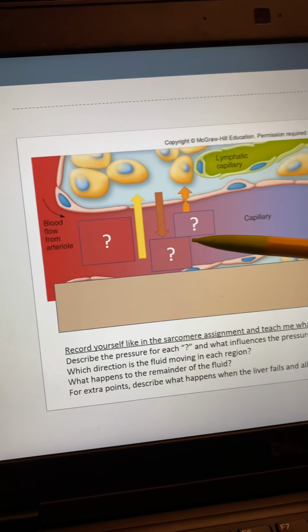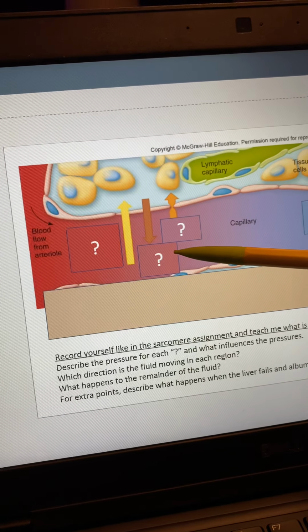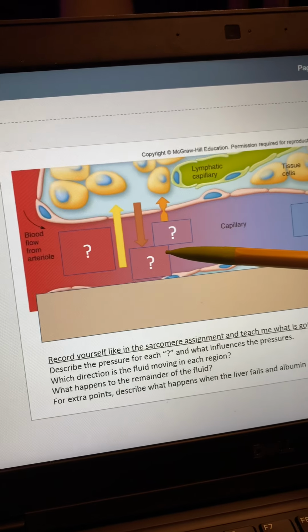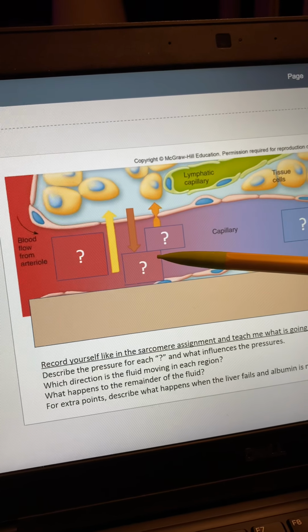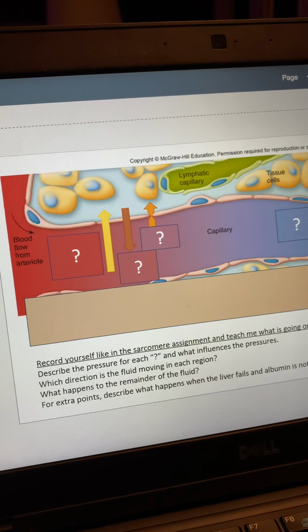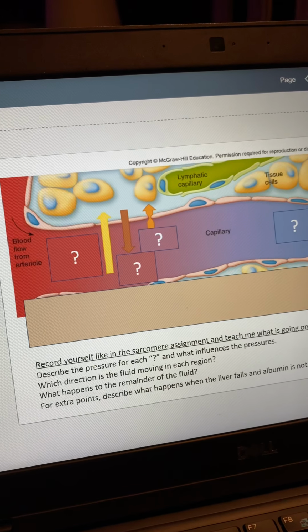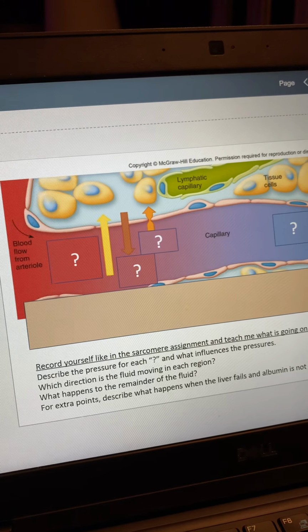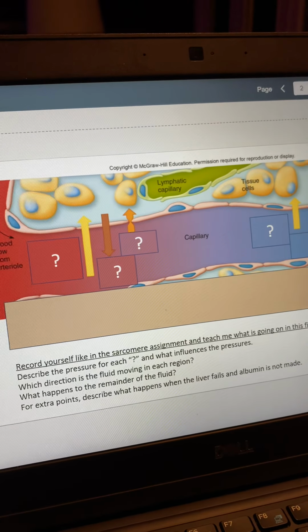We've got the osmotic pressure here, which is going to be 24 millimeters of mercury. That's caused by osmosis and the movement of water based on proteins in the blood, mainly albumin.